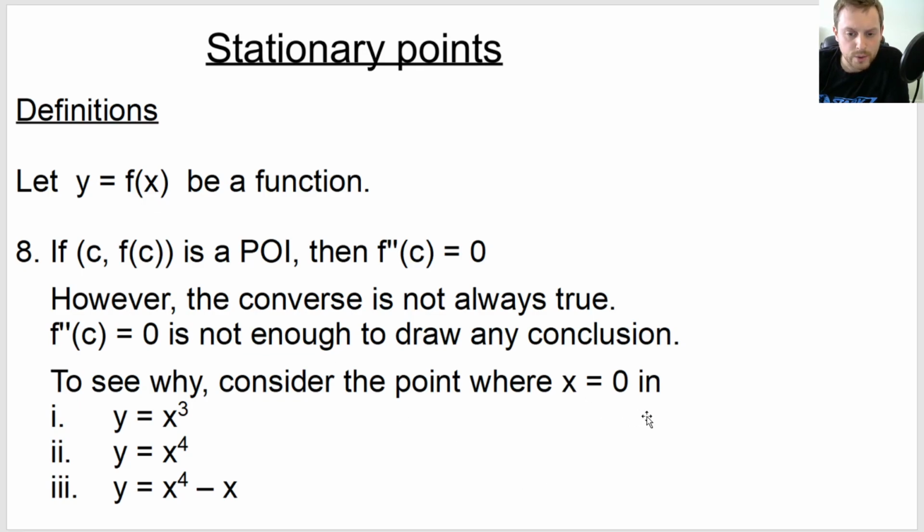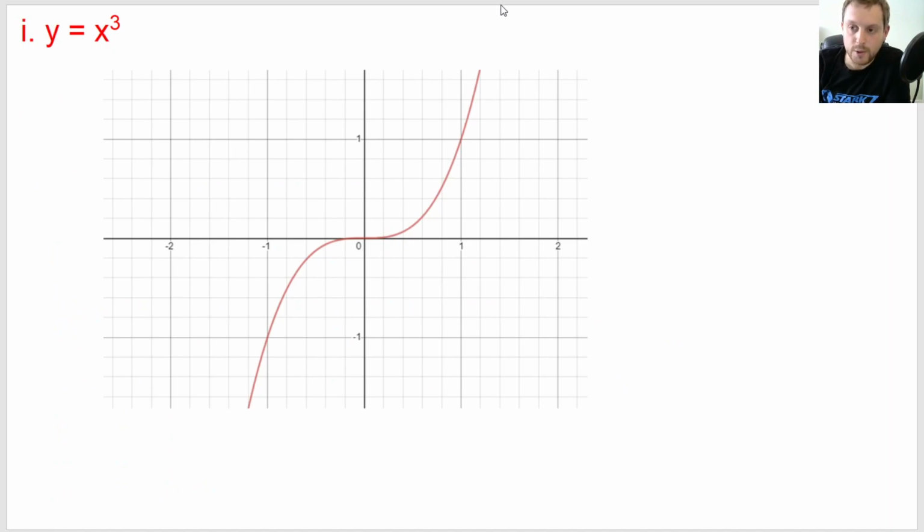Okay, so the first one is y equals x cubed. So y dash is 3x squared, and y double dash is 6x. If you set y dash equal to 0, x is 0 is a stationary point.